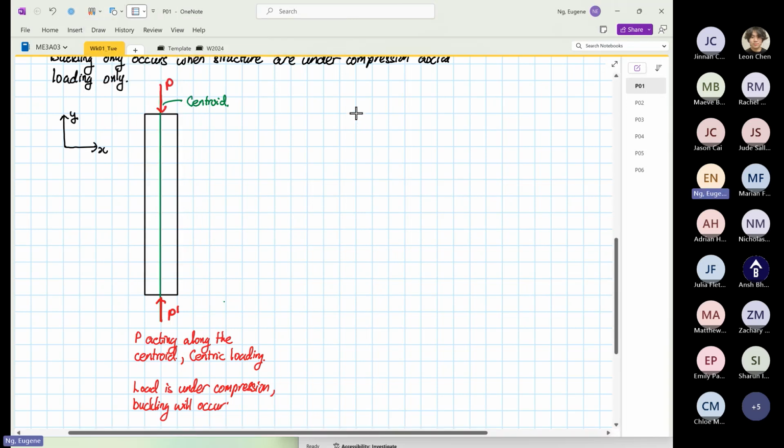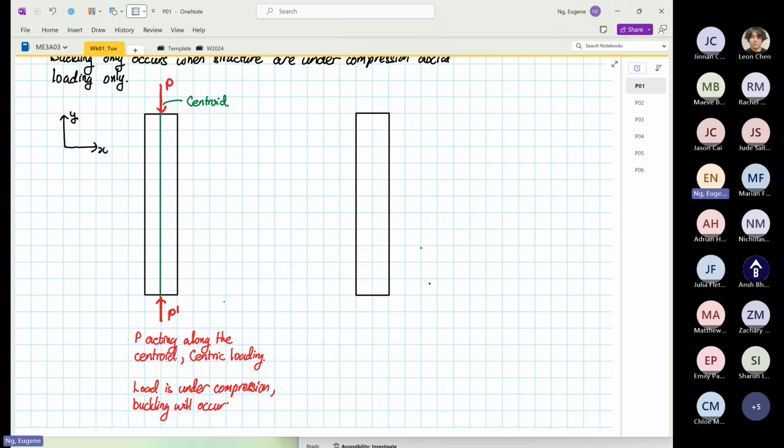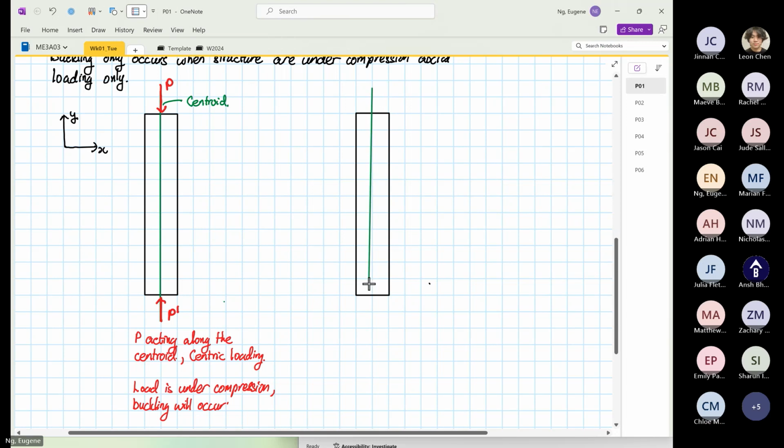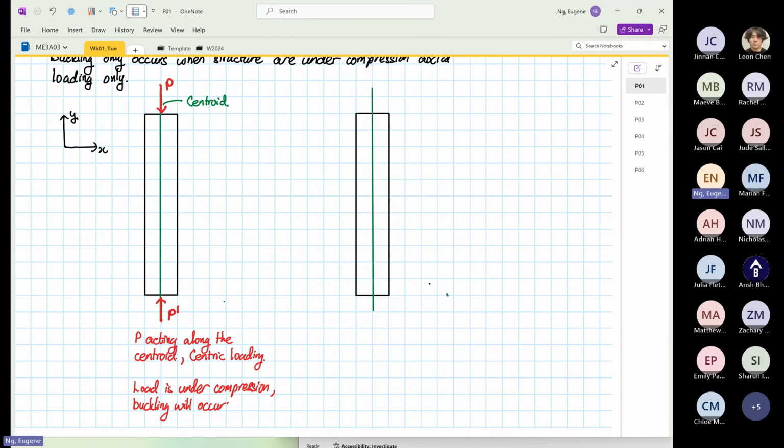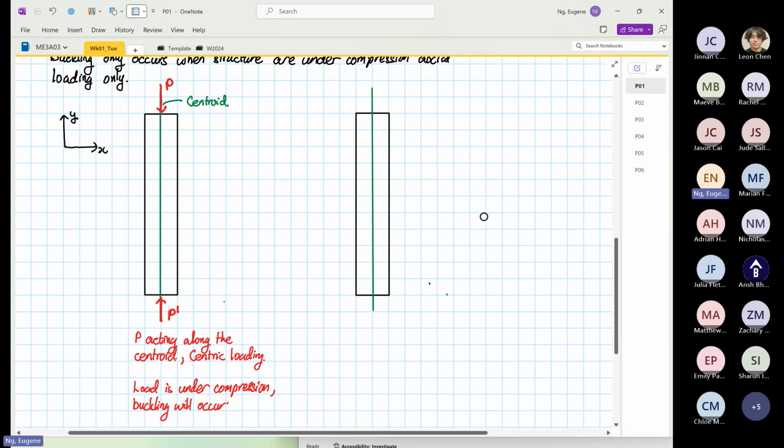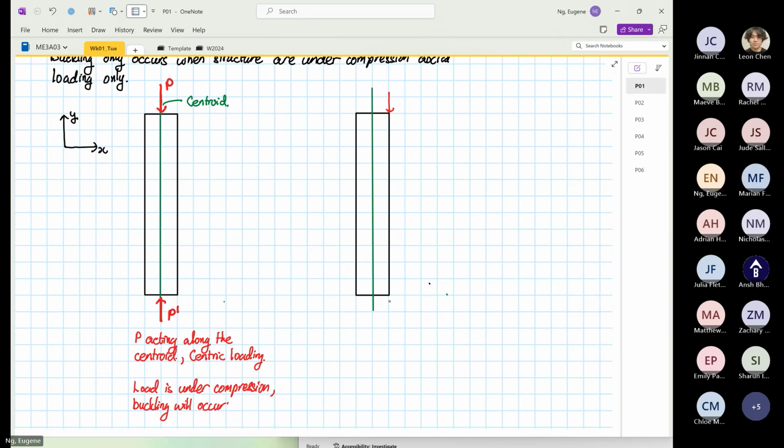Again, the same structure, and we have our centroid. However, now the load is different. Now the load is acting this way, P and P prime.